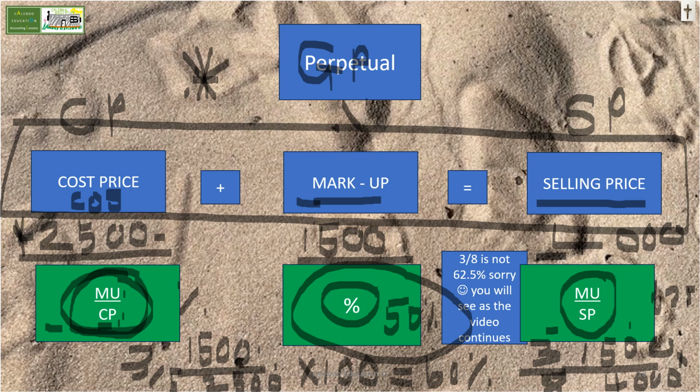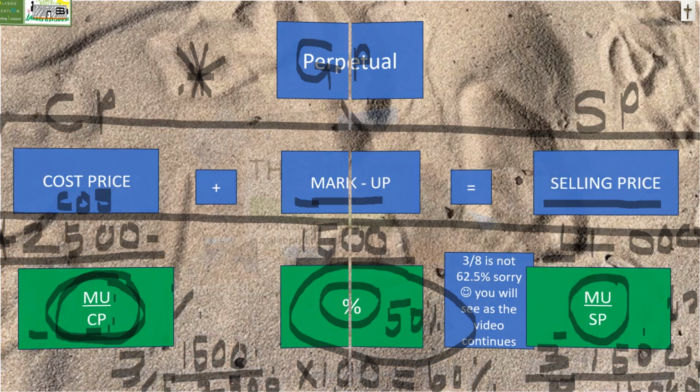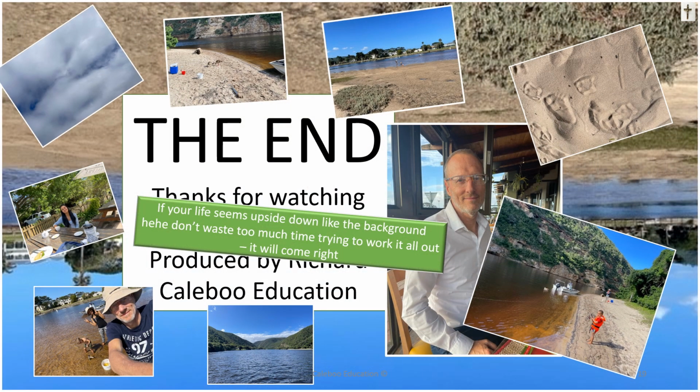Look out for the video on these calculations. Well done, everyone. That was a long video, and I hope you now know the difference between the perpetual inventory system and the periodic inventory system, the main differences. This is just an introduction to those two stock systems.